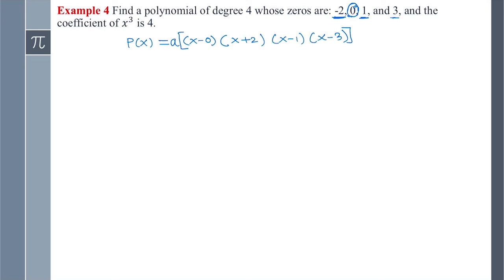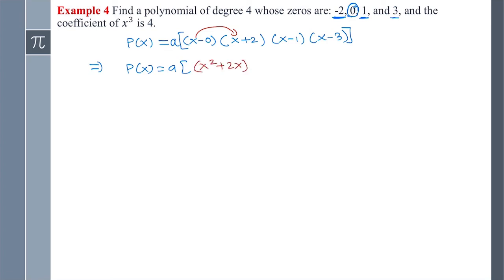Now let's go ahead and multiply this. So p of x equals a times, the first one, x minus 0, is x, so if we multiply it with this term, we get x squared plus 2x.